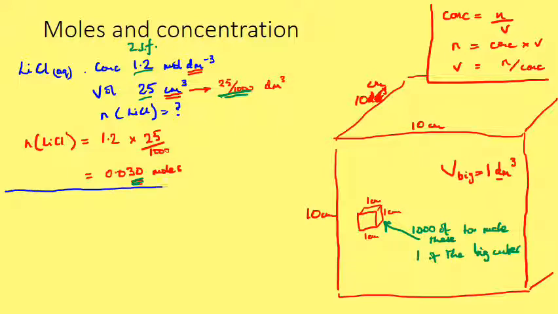Let's try and fit it down on this section of the paper here, and all this other example is going to do is use one of the other versions of the same equation. Okay, so let's say this time we've got some iron chloride solution, and we're told that the solution contains 0.2 moles. So n equals 0.2 moles of FeCl3.